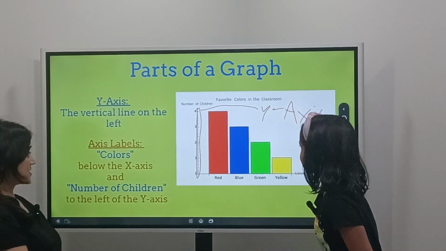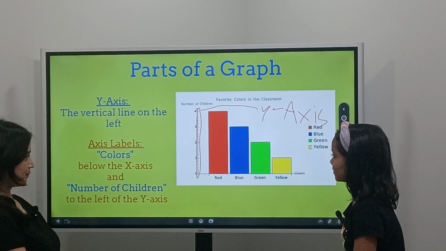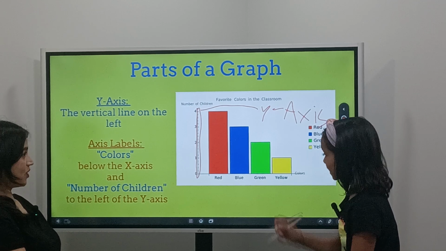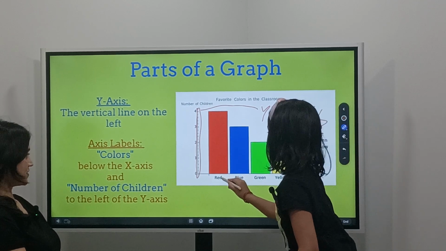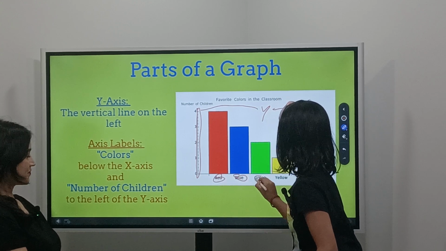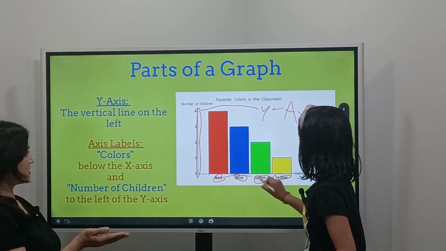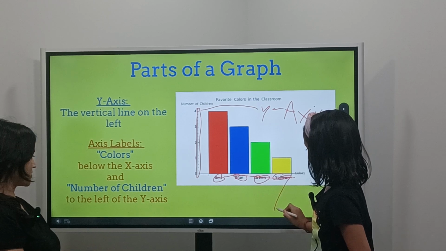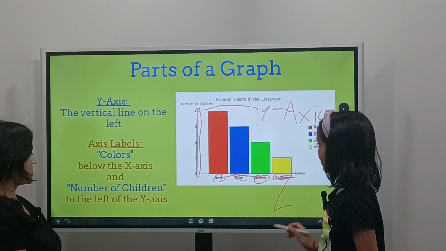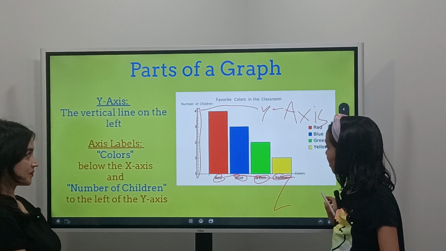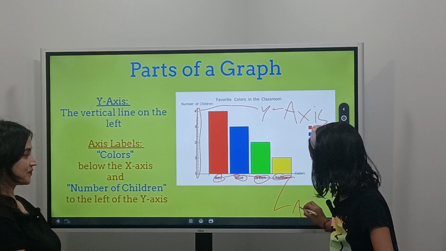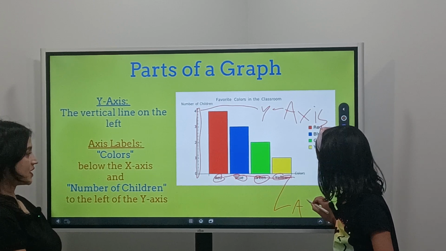Axis labels, what are they? So colors, which is on the x-axis, sorry. And the number of children. I'm just going to put an axis.